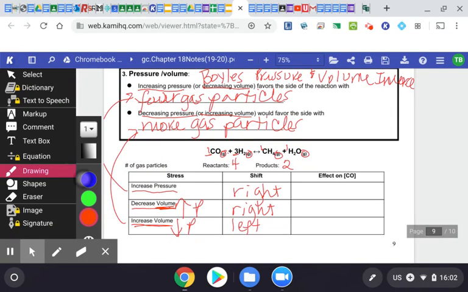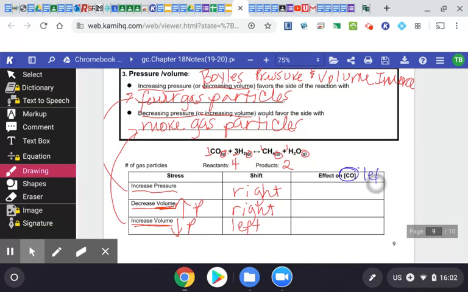Let's change colors here. All right, so then our next column is the effect on carbon monoxide. Whenever I give you a substance like this, don't focus on the substance, write down which side of the reaction it is. Carbon monoxide is on the left-hand side of the reaction, so it's a reactant.